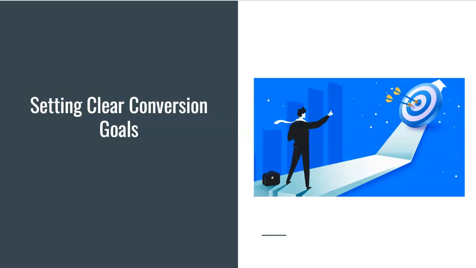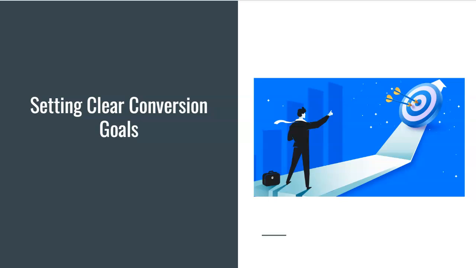Start by identifying what you want to achieve. Common conversion rate objectives include if you want to increase sales or generate leads, or you just want to grow your email list or boost engagement rates. But be specific about the desired action that you want visitors to complete on your website.